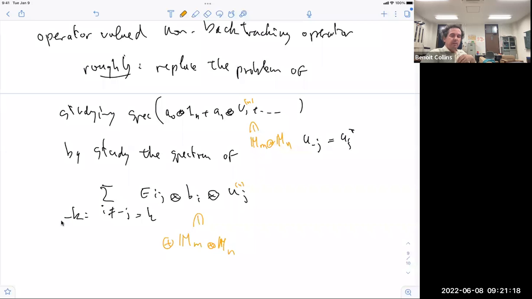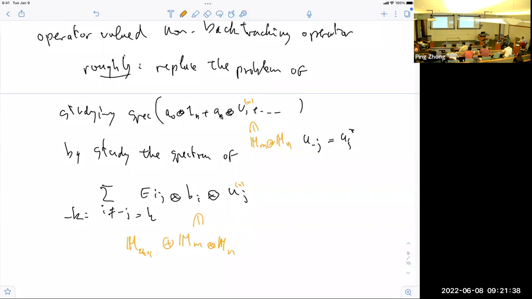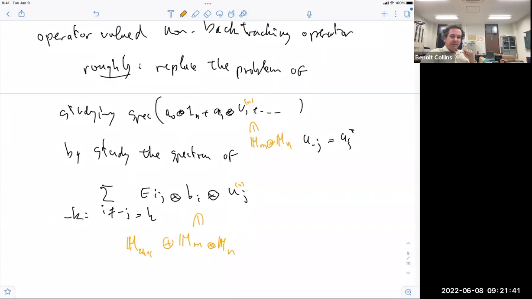So here, I think it's a 2k plus 1 by 2k plus 1 matrix with M. And the thing is that, given the A_i, let me just be rough for now, there is a way to cook up some B_i such that the spectrum of this is closely related to the spectrum of that.